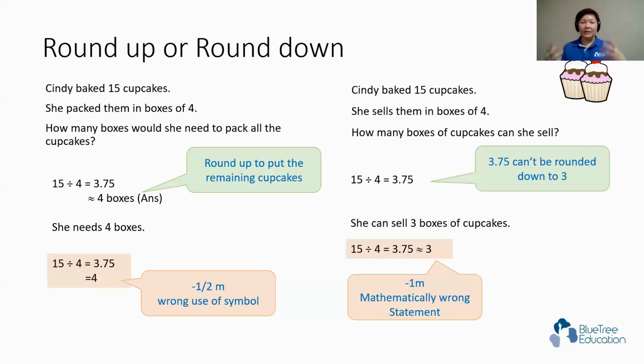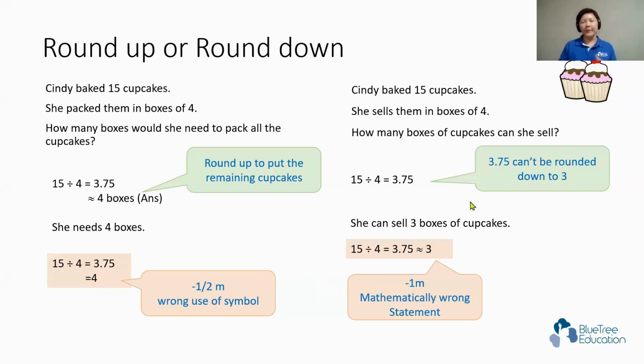You see, the logic is after I divide them, I'll get 3.75. So if I need to pack them, then for 3.75, I need 4 boxes over here because I cannot throw away the remaining ones, correct? But on the right side, can you see? 3.75.